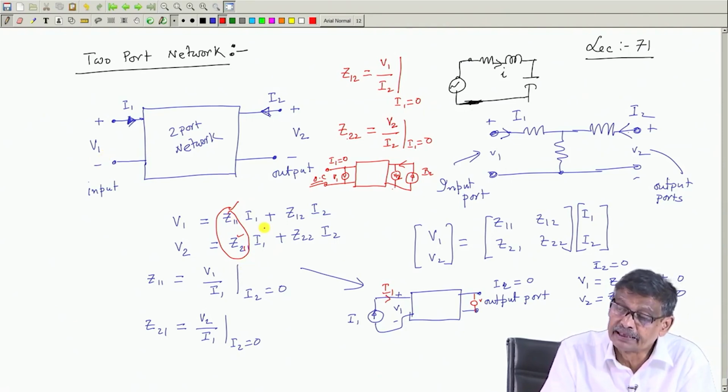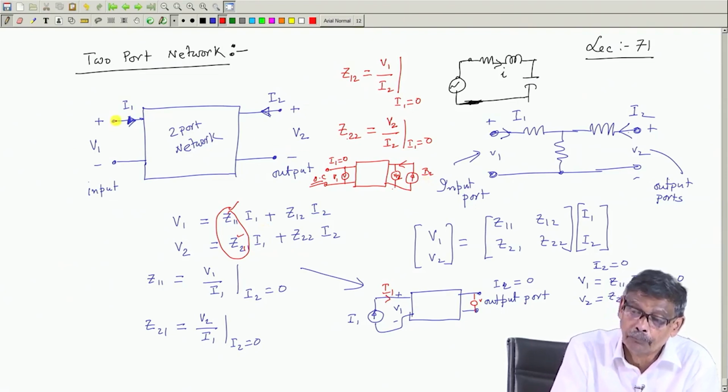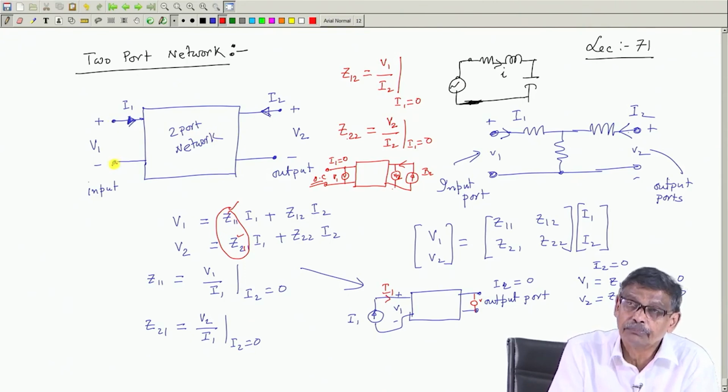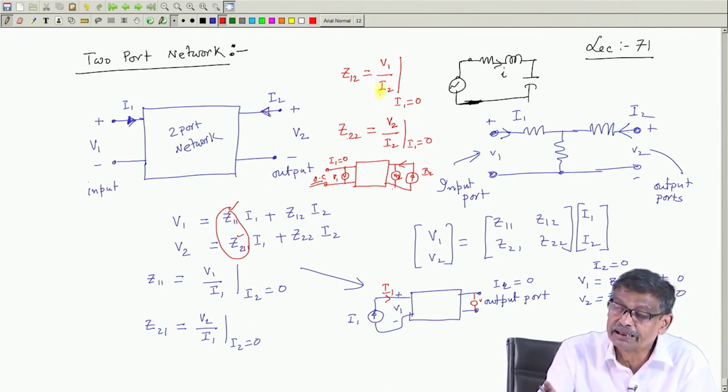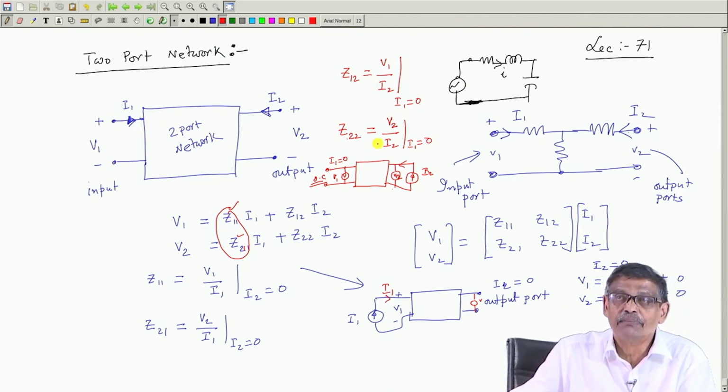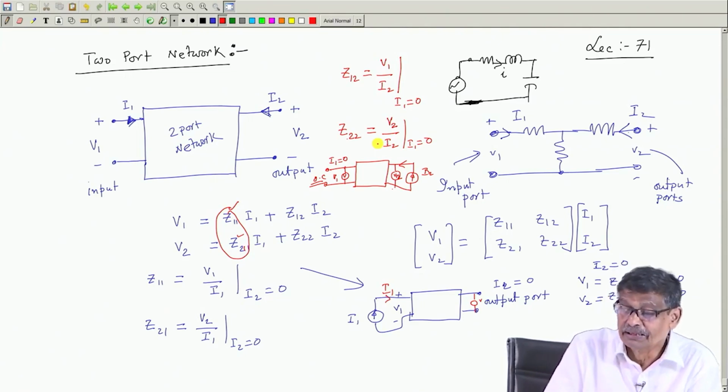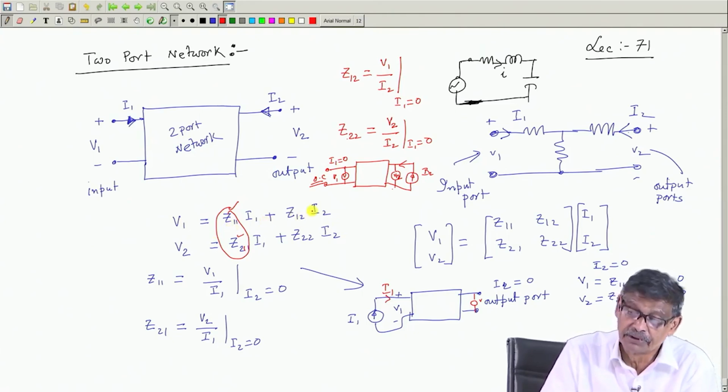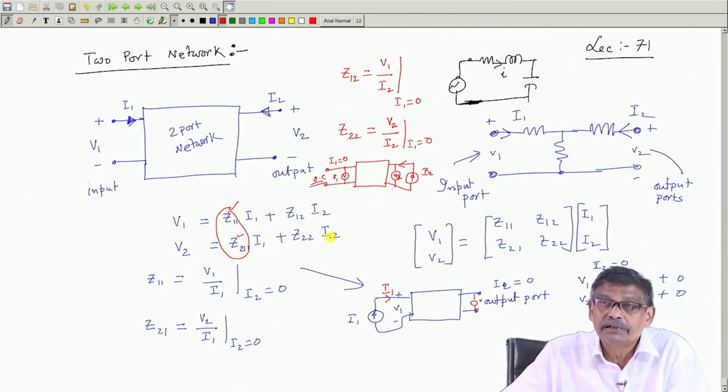Similarly, excite from this side with a current source I2, measure the voltages of input and output port, you can get all the parameters and then you will be happy. Then you say that V1 in general is Z11 I1 plus Z12 I2, V2 is Z21 I1 plus Z22 I2, all the parameters are known.